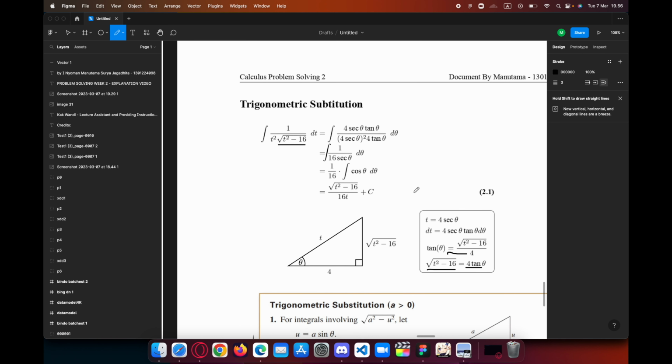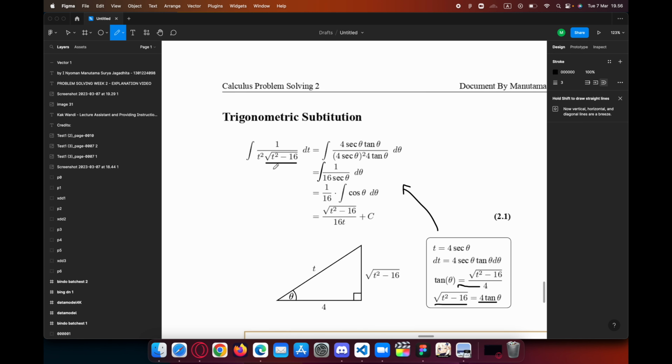And then we got all of those values, we can substitute all of them here. So dt becomes 4 secant theta tan theta d theta. The t squared becomes the square of this one squared, and then this one becomes 4 tan theta.